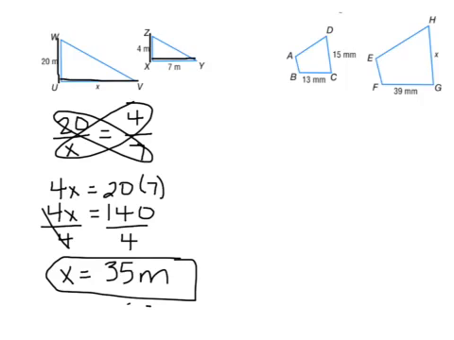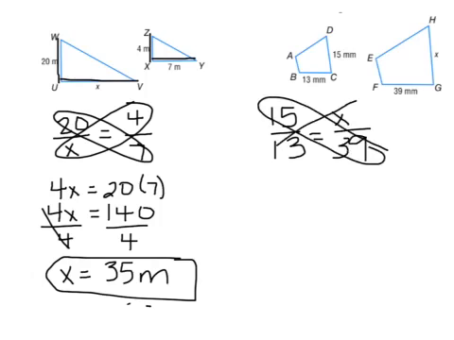Let's try another one. So here I've got 15 and 13 and X and 39, and I'm going to write it just like that. I've got 15 to 13, and the corresponding sides here would be X to 39. And again, I'm going to solve this just like I would in the other proportion. So I'm going to do 13 times x equals 15 times 39.